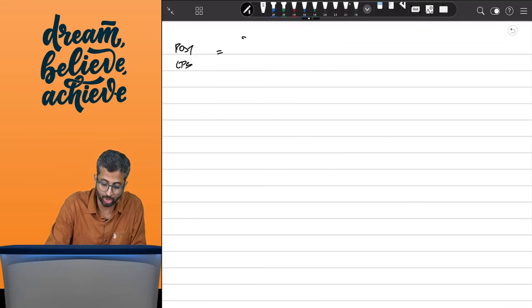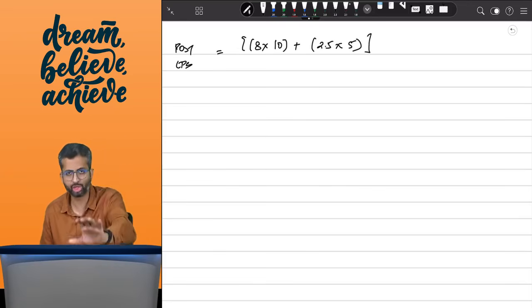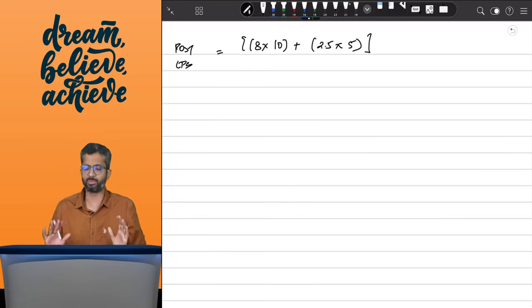Now I don't have the post-merger EPS, but I know that 8 rupees per share is the EPS of AFC and there were 10 lakh shares in AFC, plus in the combined entity 2.5 is the EPS of BCD and there were 5 lakh shares in BCD. Now I might be paying cash to BCD shareholders, but BCD's business ultimately becomes my business and hence I will take over the profits of BCD.